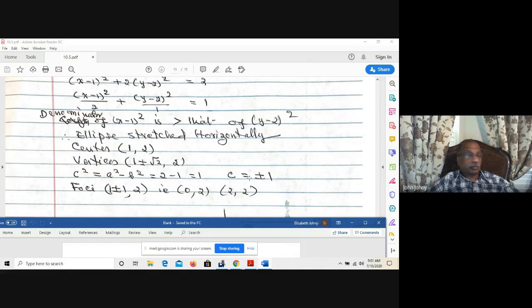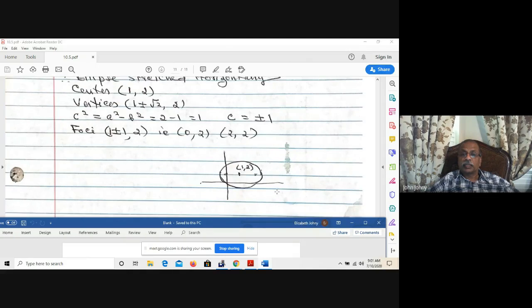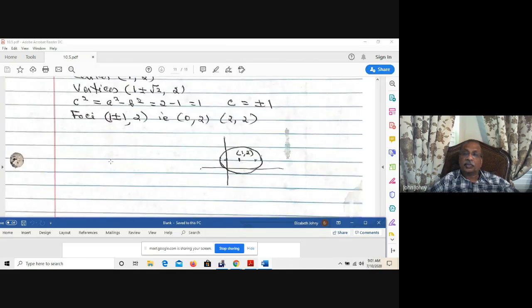So c is plus or minus 1. For the foci, (h ± c, k), so it is (1 ± 1, 2), that is (0, 2) and (2, 2). So the graph will be like this.